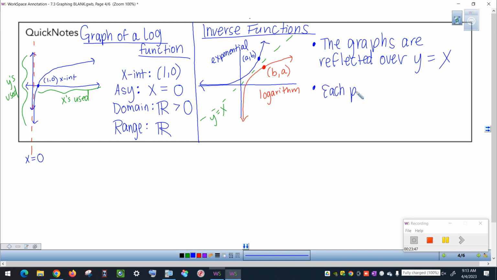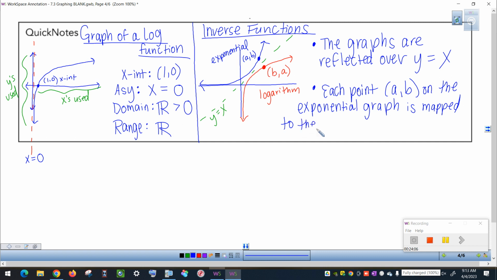So let's make a note of that here. Each point (a, b) on the exponential graph is mapped to the point (b, a) on the log graph.